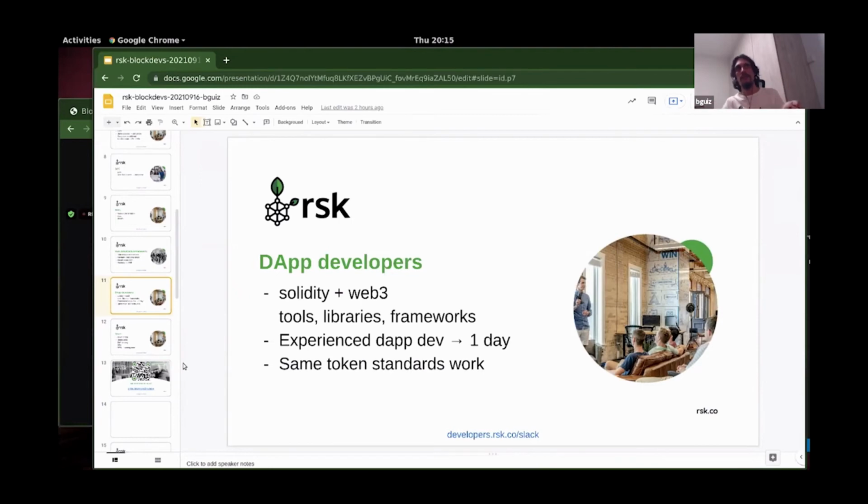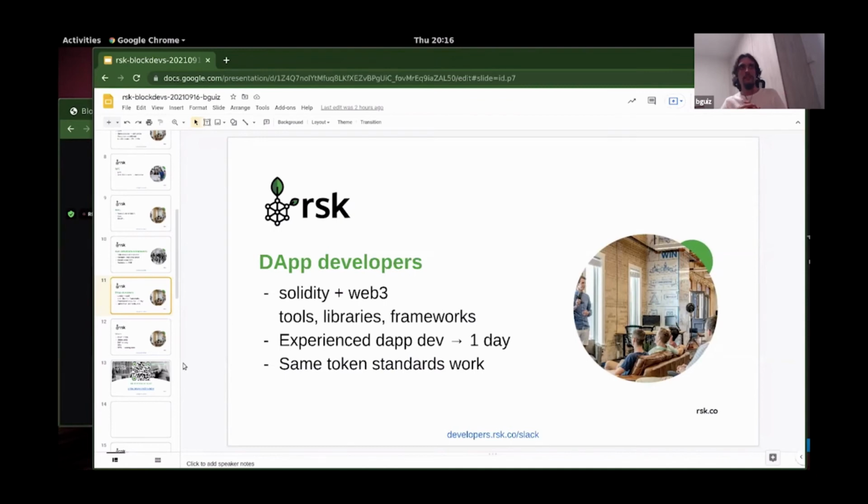If you're an Ethereum DApp developer, in my experience, I've typically seen them take up to a day to get productive on RSK. It isn't that much of a difference. A few config differences, some other minor details, and you're good to go.